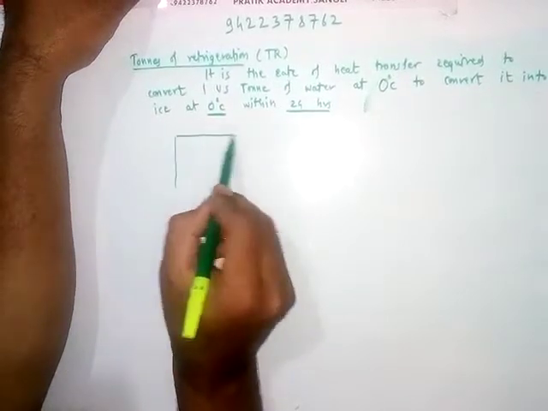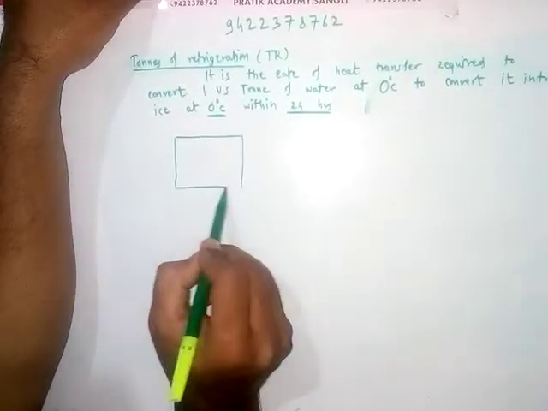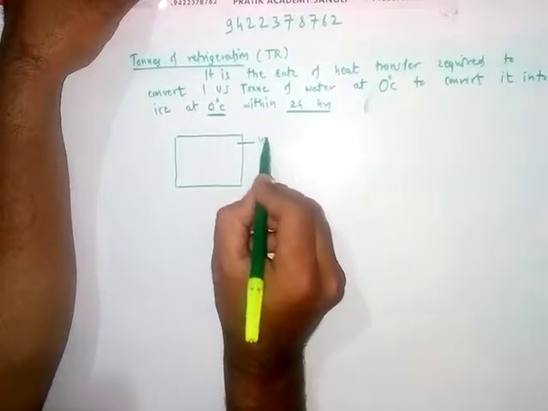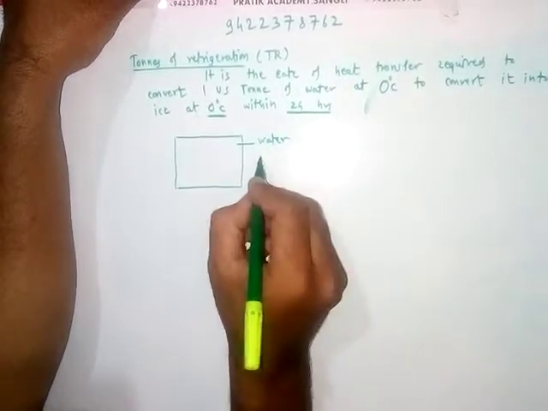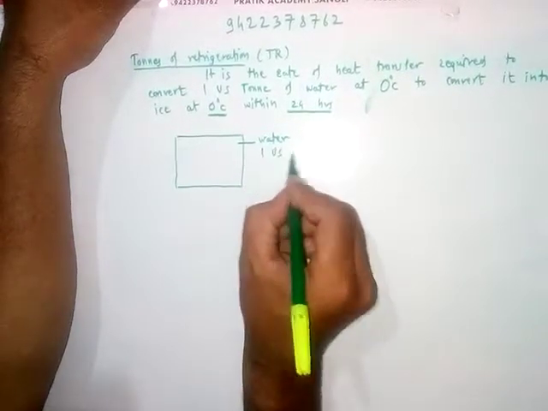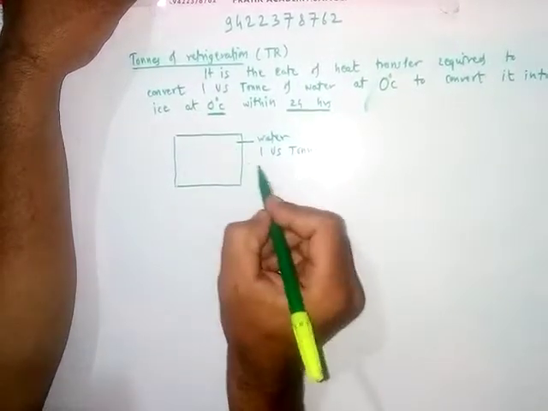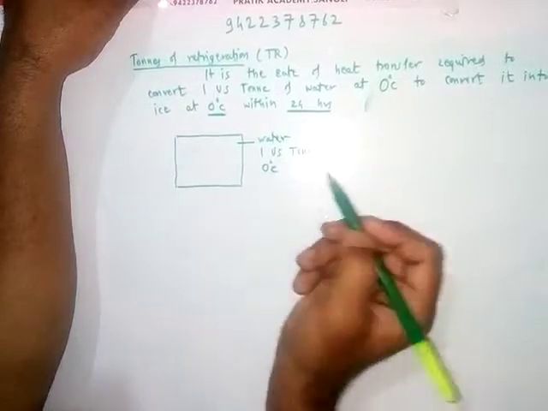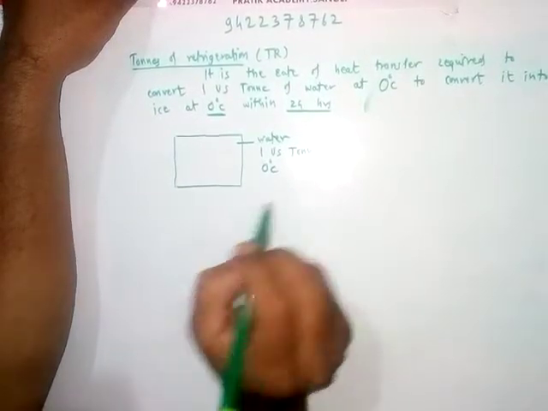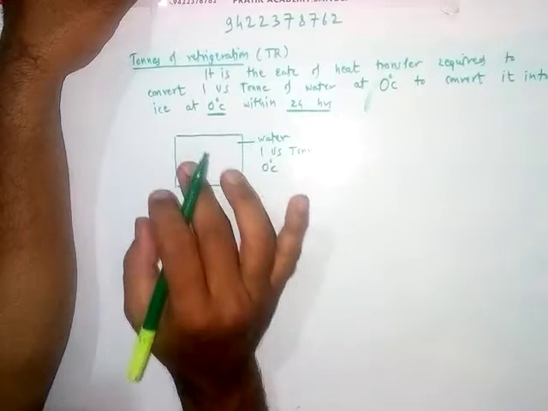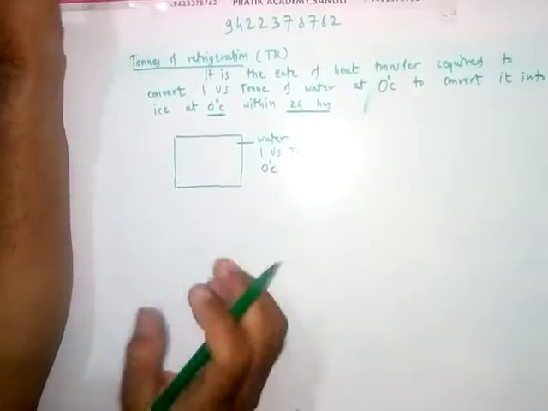Pictorially, initially we have water. The mass of this water is 1 US ton, its temperature is 0 degree Celsius, and it is taken in one box or container.